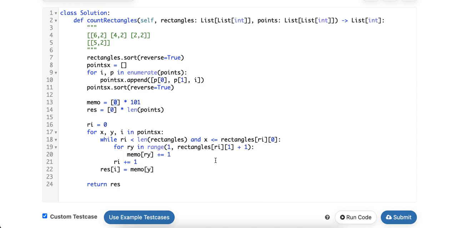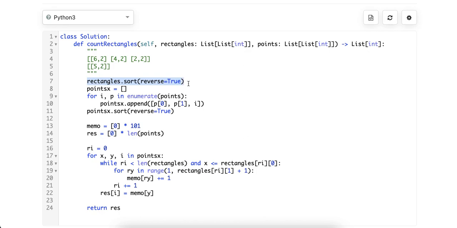So remember that the idea is to sort the rectangles and then sort the points too. But for the points, we have a speciality here: because later on we need to keep the order of the result, we sort the points just to make it efficient.